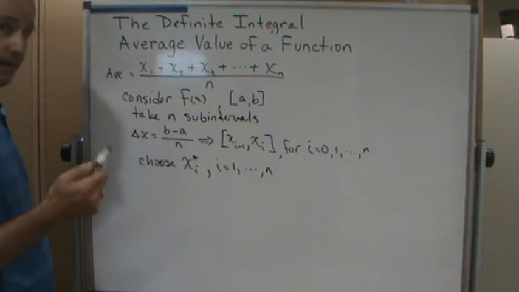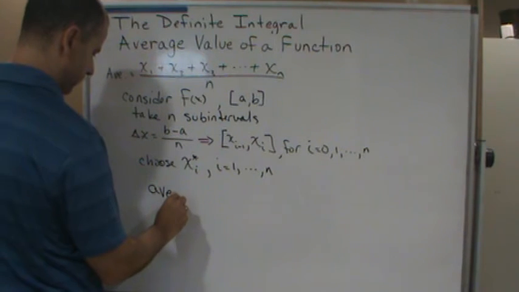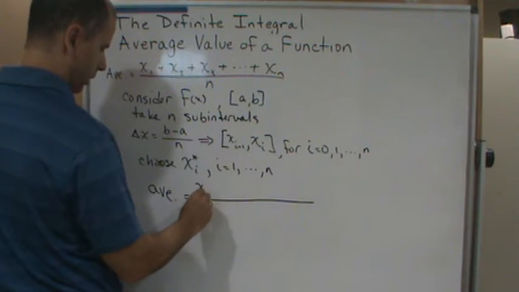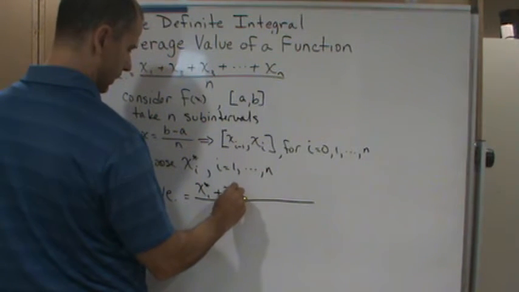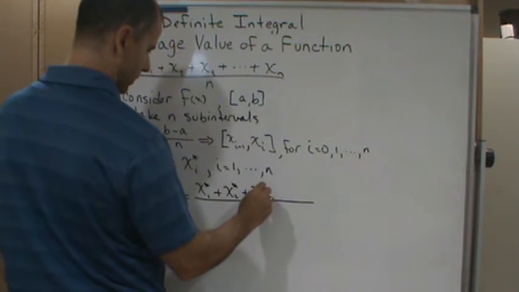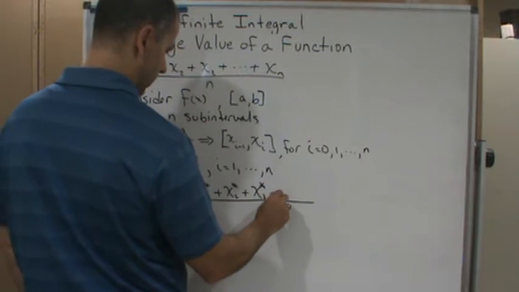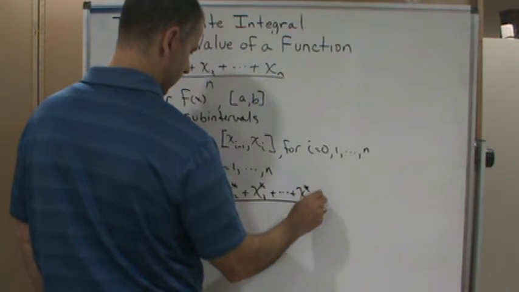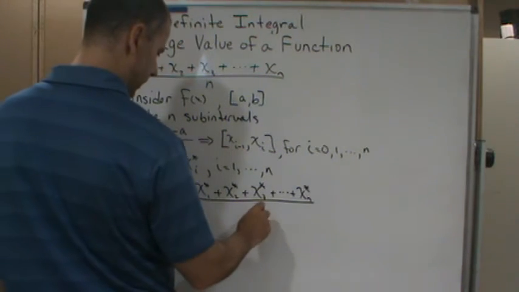And so what we can do is define the average of the function equal to x1 star plus x2 star plus x3 star all the way to x of n star. And of course, how many of these are we going to have? We're going to have n, right?